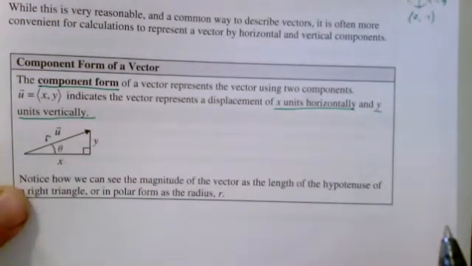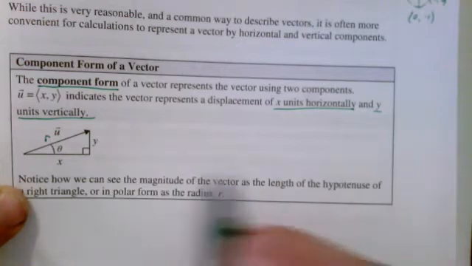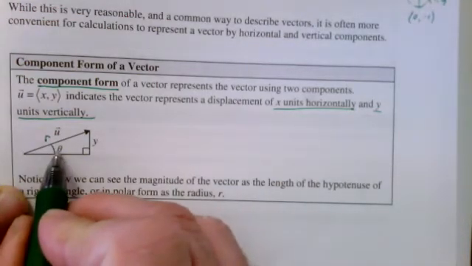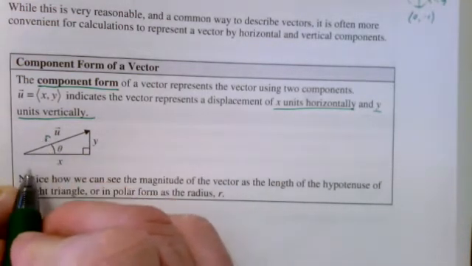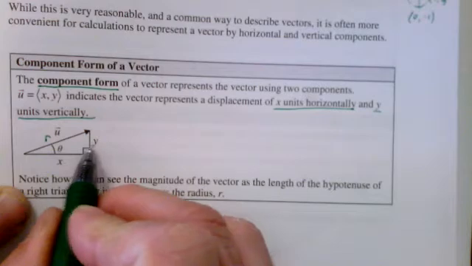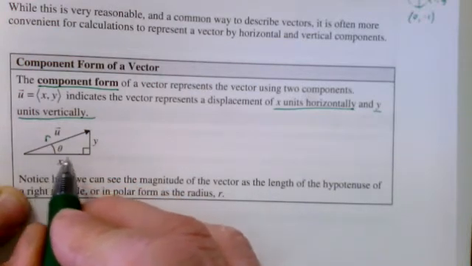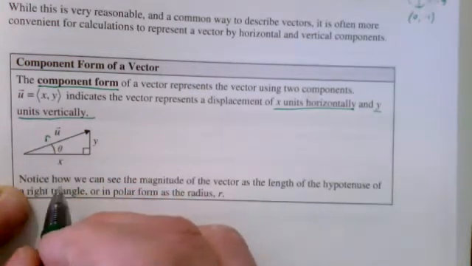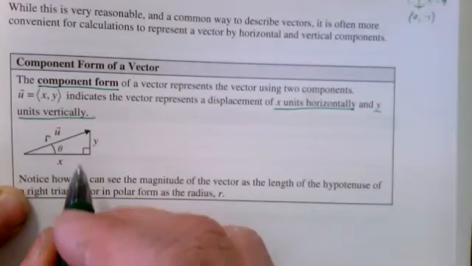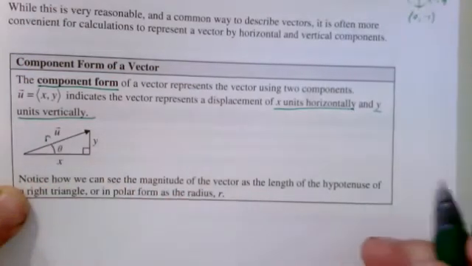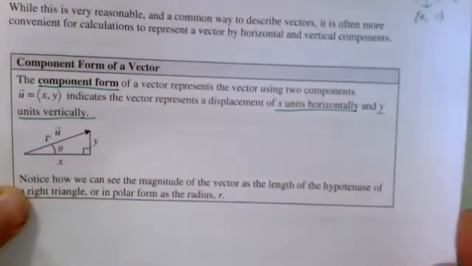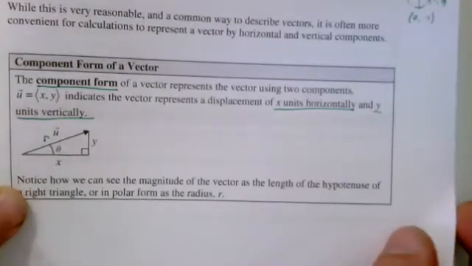So all of our formulas crop up. The cosine of theta is going to be x over r. The sine of theta is going to be y over r. If I solve for r, it's going to be y over sine of theta. All those things from earlier sections are going to show up because now I've formed these nice, pretty right triangles.